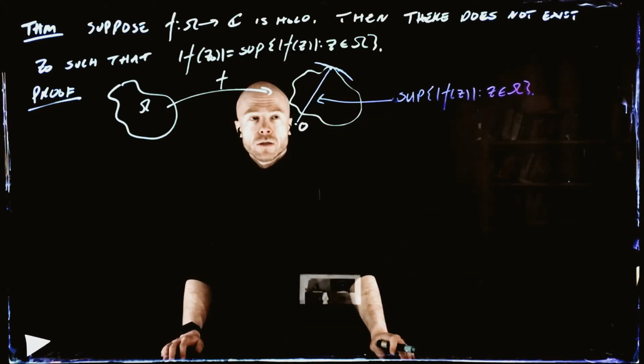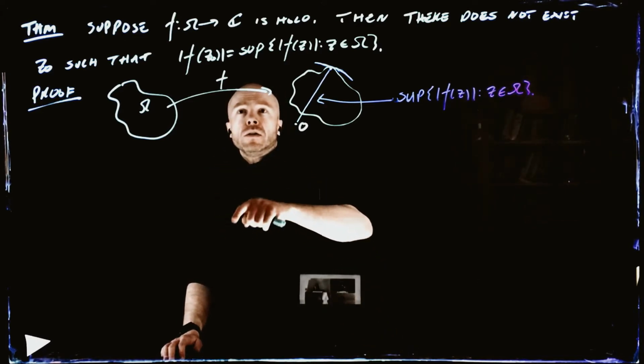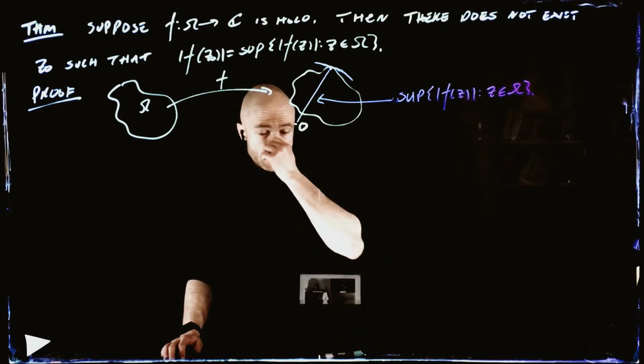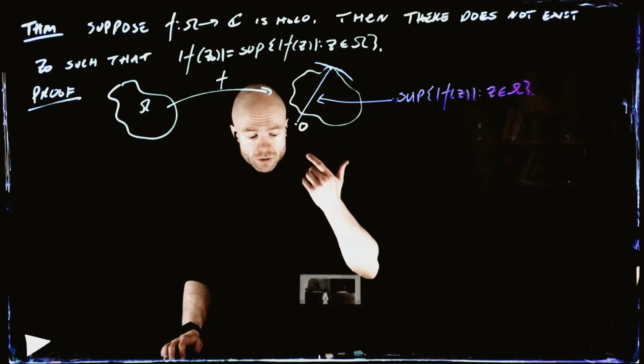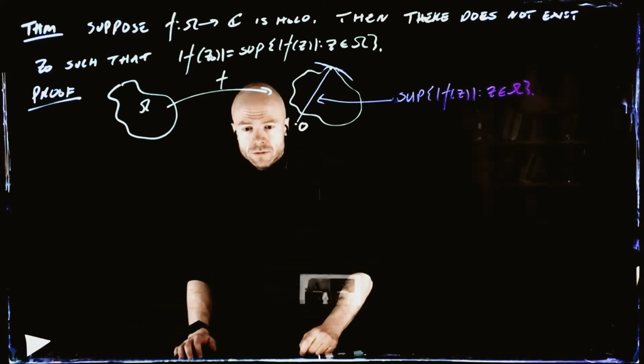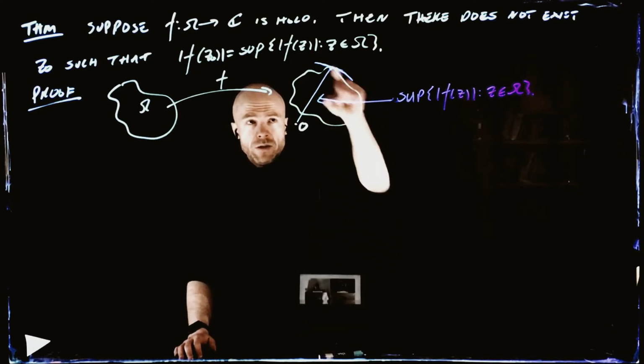Cool. All right. So our claim is there exists no z0 which achieves this thing. So suppose that wasn't true. That means what? That means that we have some z0 that achieves this. And it might occur in numerous places, right?